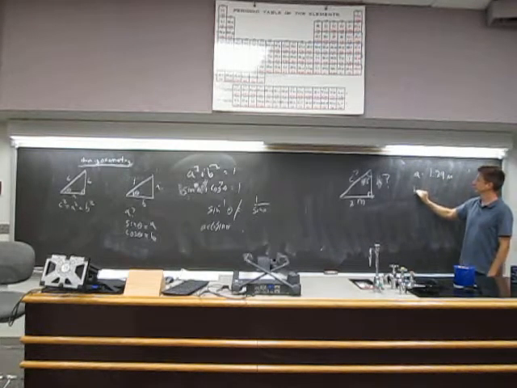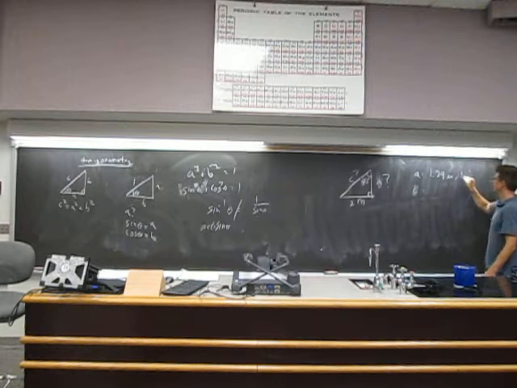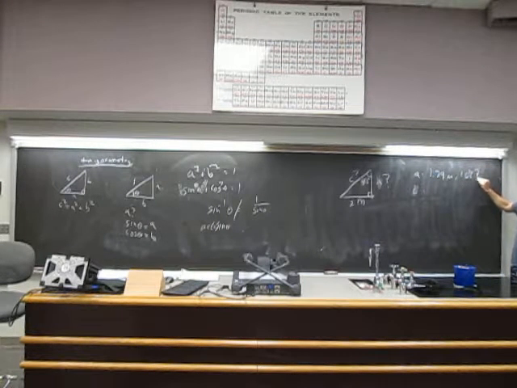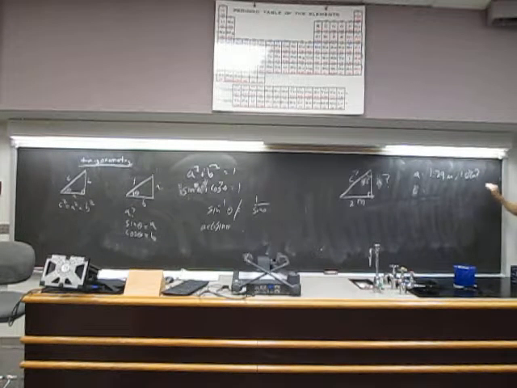I got 1.68. And then B? Or C? We'll figure it out. 1.68. Let's check this. 1.5. I got 2.38. Yeah, there we go.